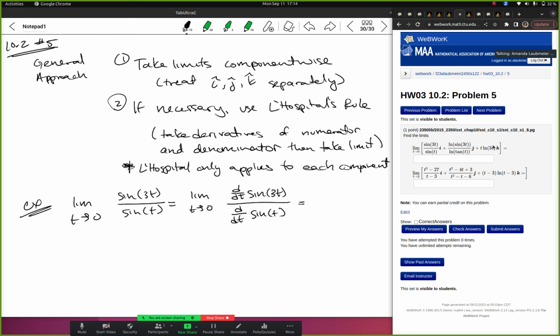So that's going to give me limit as t goes to 0 of 3 cosine of 3t over cosine of t. And that one I can go ahead and evaluate directly because cosine of 0 is 1, so I would just get 3 for my answer there in the I hat component.